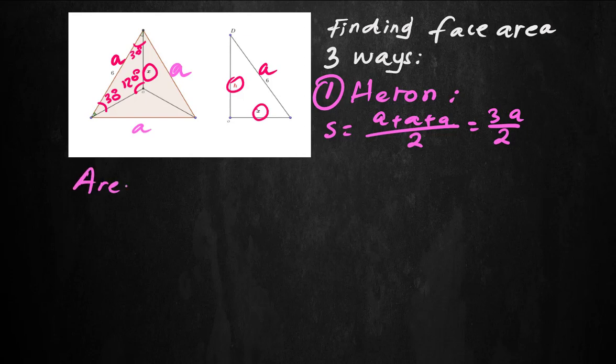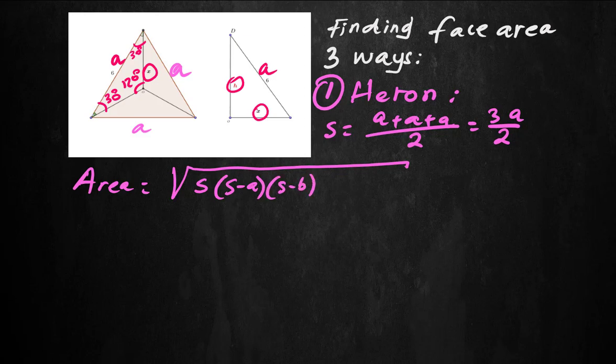We know that the area per Heron is equal to square root of the semi-perimeter times semi-perimeter minus first side times semi-perimeter minus second side times semi-perimeter minus third side. But here, first, second, and third sides are all the same, and they are all A. And S is 3A over 2, and S minus A is A over 2.